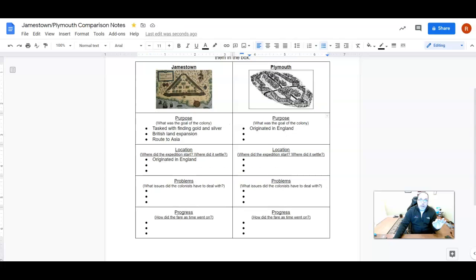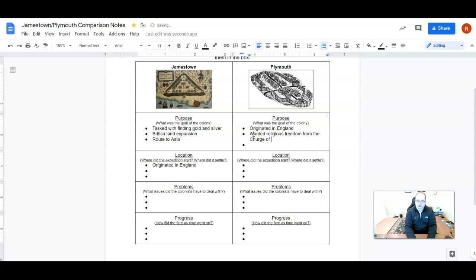So we go back and we could say wanted religious freedom from the Church of England. Okay. We also saw originated in England. Okay?